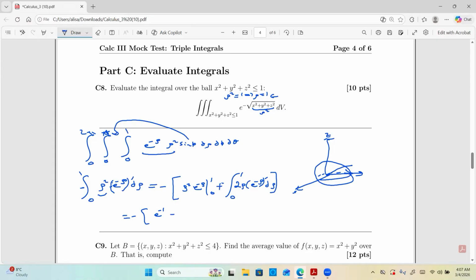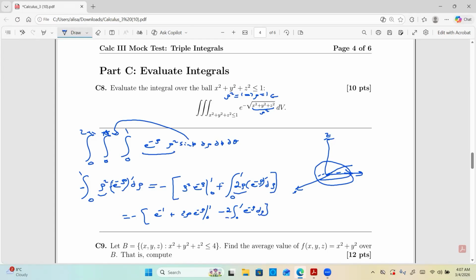And then plus, applying integration by parts again. So this is 2 rho e to the minus rho between 0 and 1, and then minus the integral between 0 and 1, and you differentiate this now, and it's simply 2, and then e to the minus rho d rho.